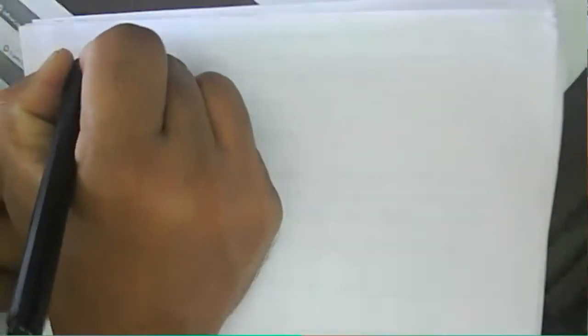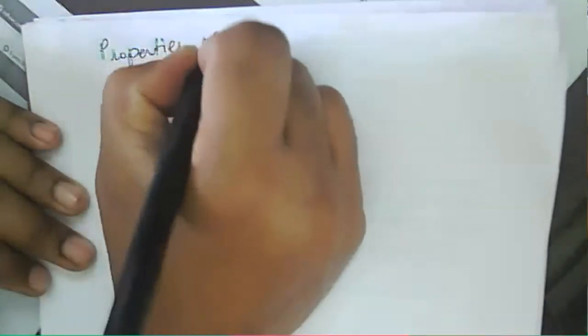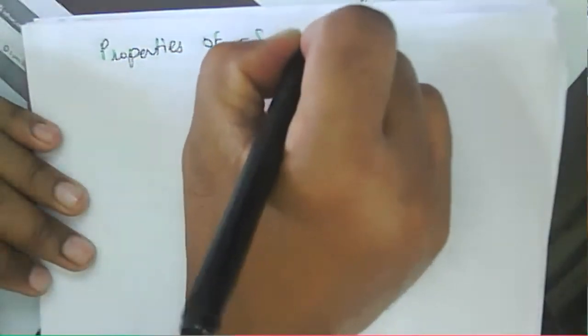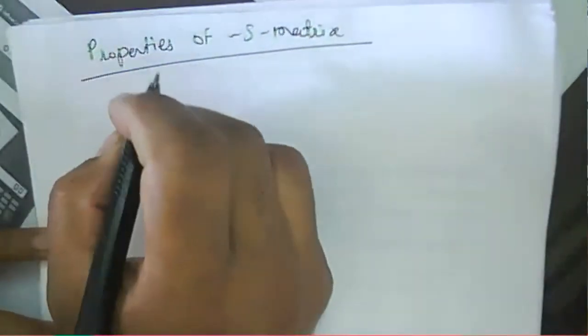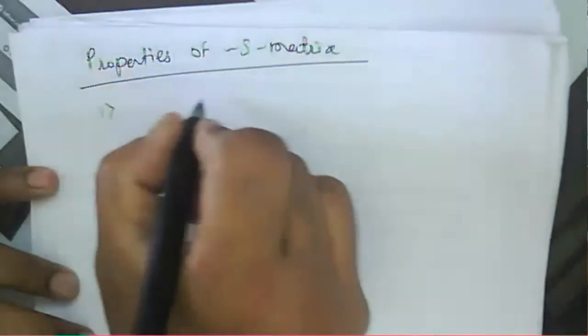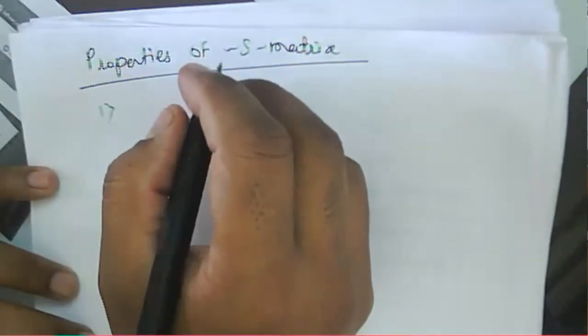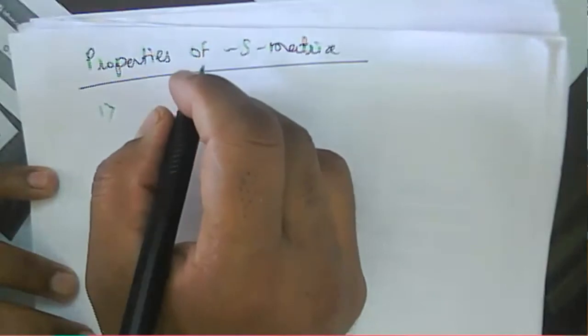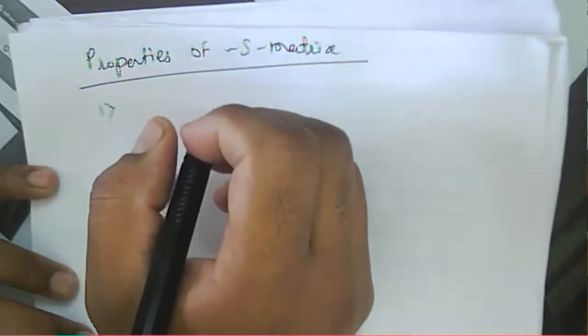Then we need to learn about the properties of this matrix, the properties of the S matrix. The general property is that the S matrix is always a square matrix.